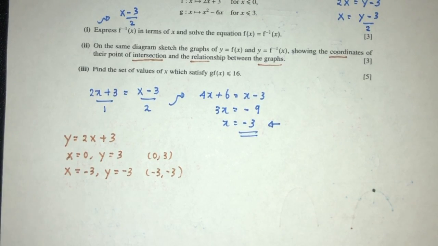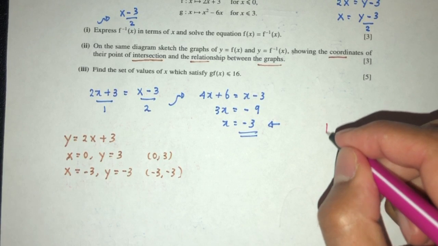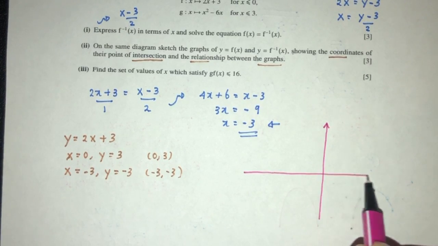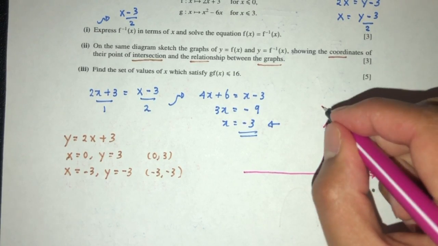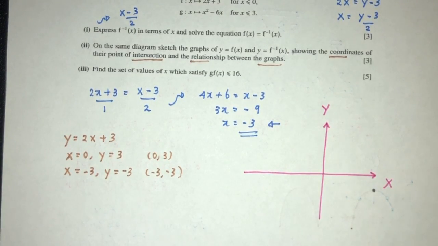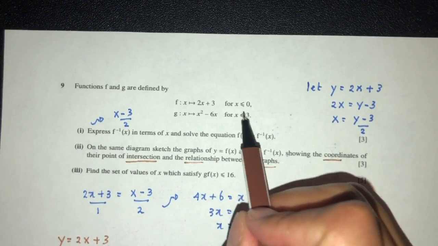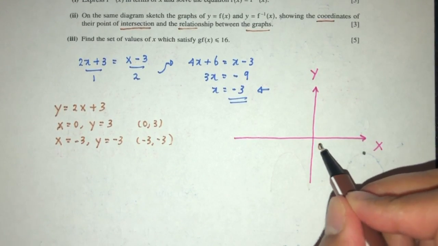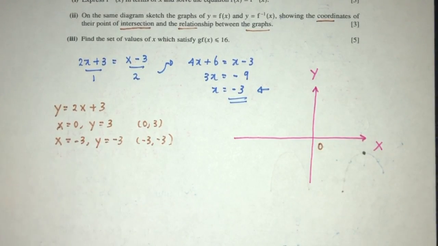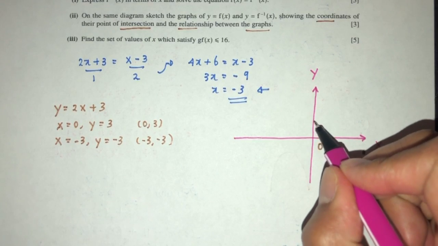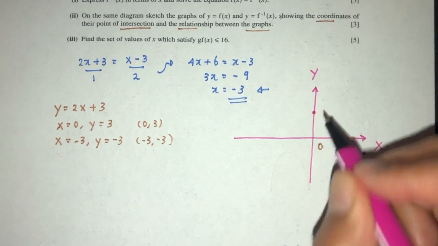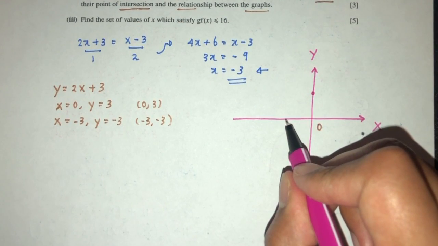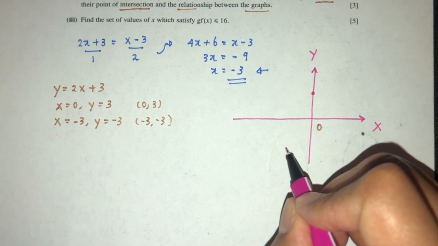So let me first sketch the axes. For example, this is the y-axis, and this is the x-axis. Now here we have to be careful to understand that f of x is only defined for x less than or equal to 0. So we only care about the values on this side. The first point will be (0, 3), let's say over here. And then we have the point (-3, -3), let's say somewhere over here.